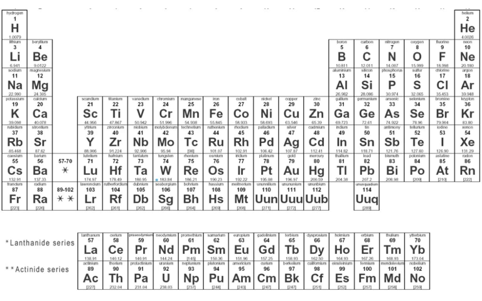So for tungsten, we have 1s2, 2s2, 2p6, 3s2, 3p6, 4s2, 3d10, 4p6, 5s2, 4d10, 5p6, then 6s2, 4f14, and then we have 5d, looks like 4.